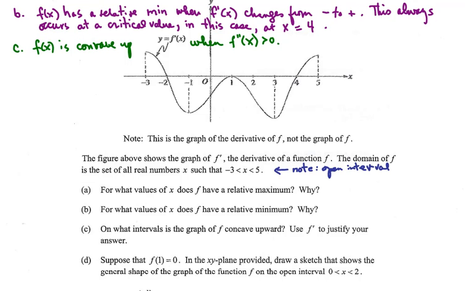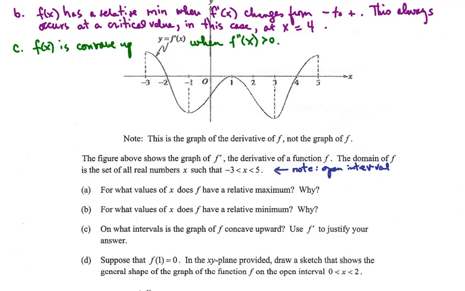We do have the first derivative, and we're asked to use it to justify our answer. If you remember, the first derivative tells us when the original function is increasing or decreasing. When the first derivative is positive, the original function is increasing.